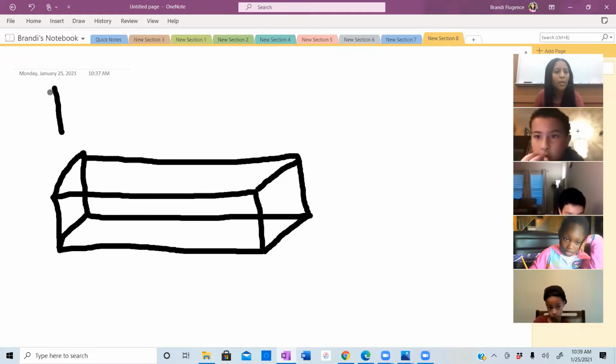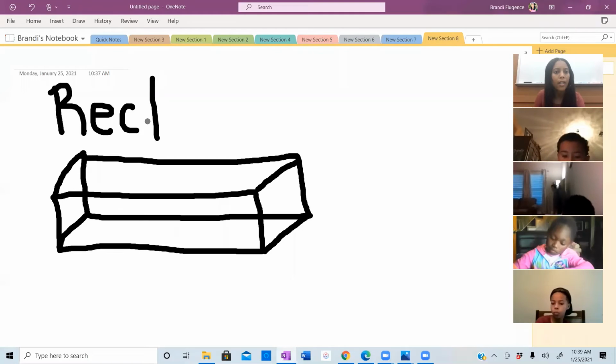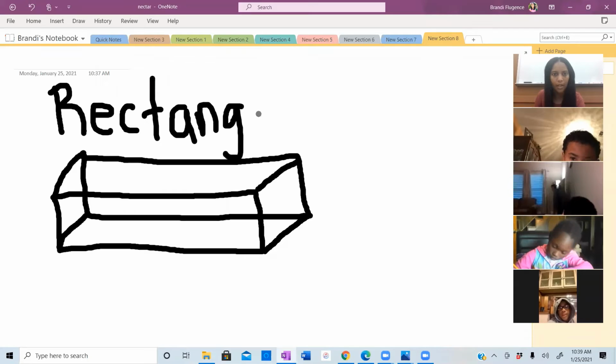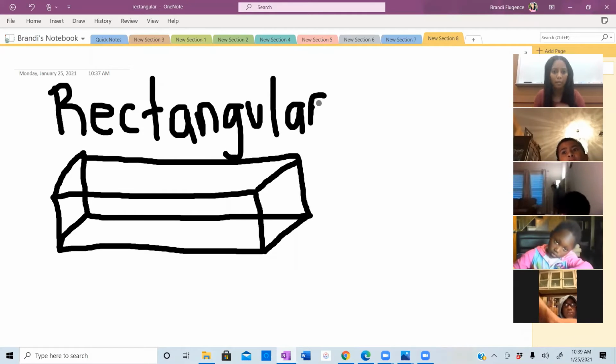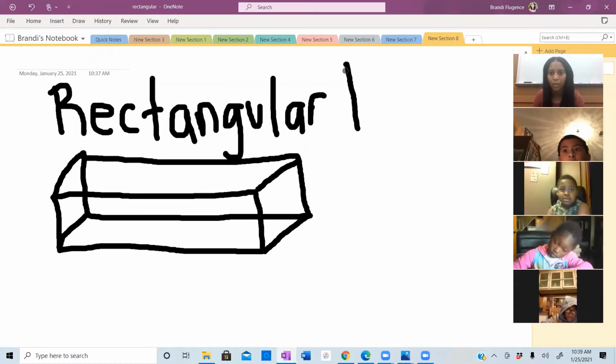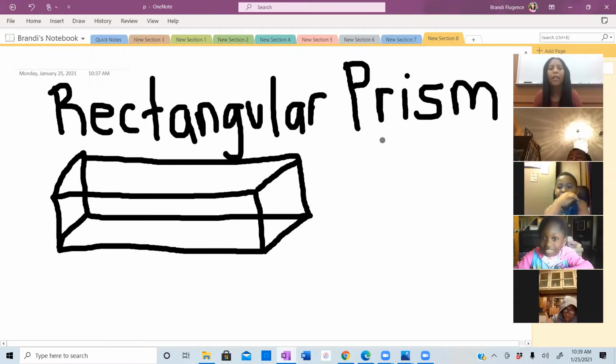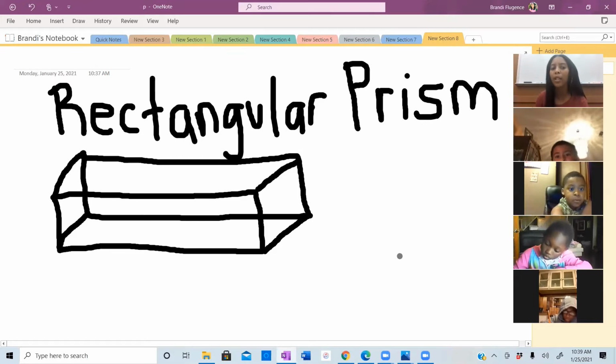So let me write. This one will be a long word to spell. Rectangular. And then prism. Ooh, that's a bad line. Okay, rectangular prism. So does anyone know how many faces a rectangular prism would have?